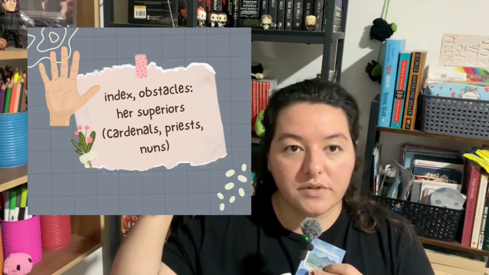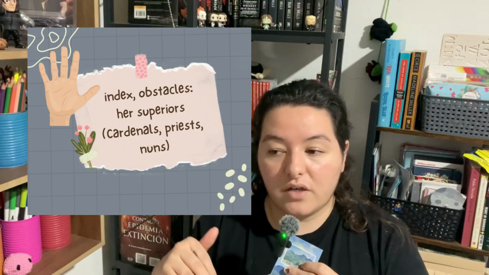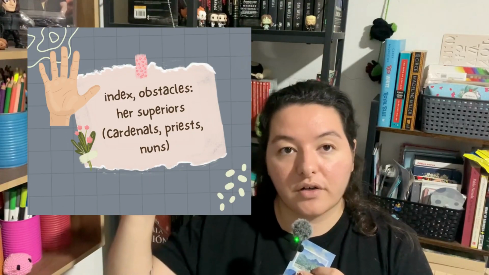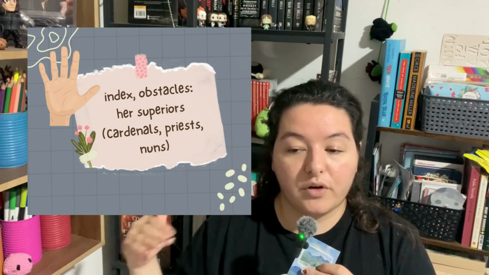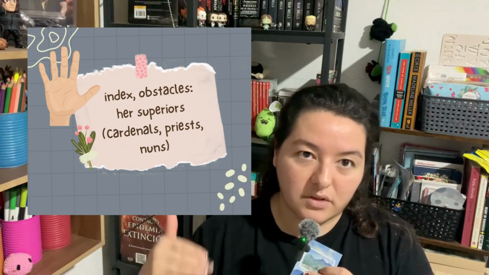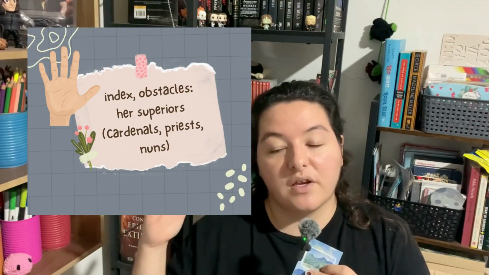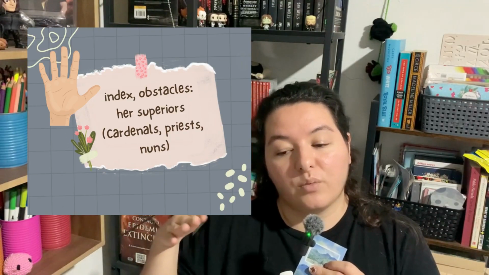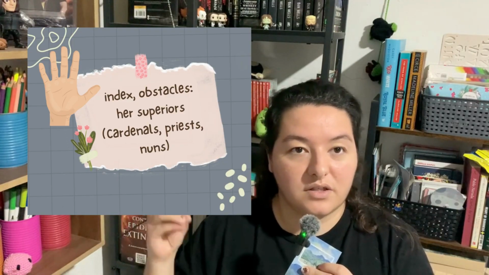In my case, the obstacles that Gracie faces are the higher ups within the church, like the priest in charge of the orphanage, the nuns that are above her, that are also in charge of the orphanage, and at one point of the story, the cardinals that the Vatican sends to this orphanage are also some of the obstacles that she's going to face because they are on a witch hunt in a way that is going to involve hurting the children.